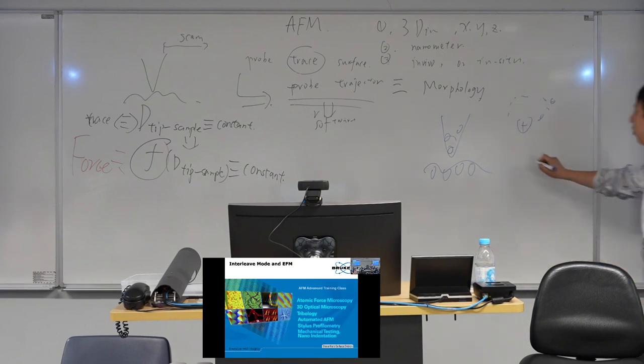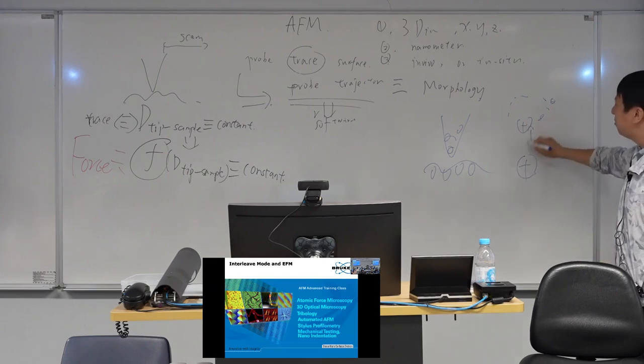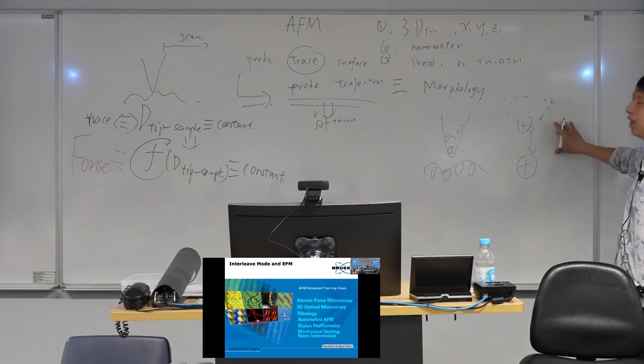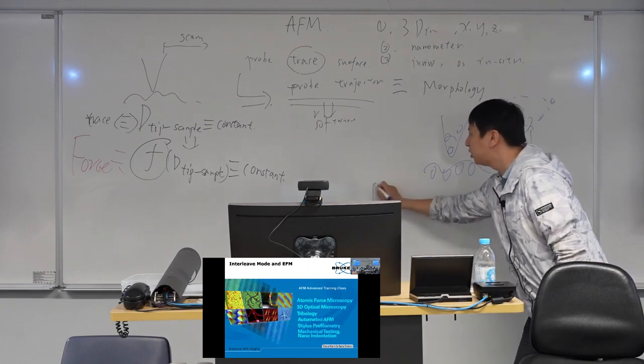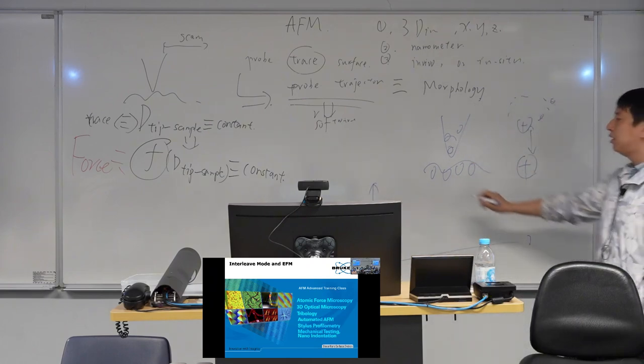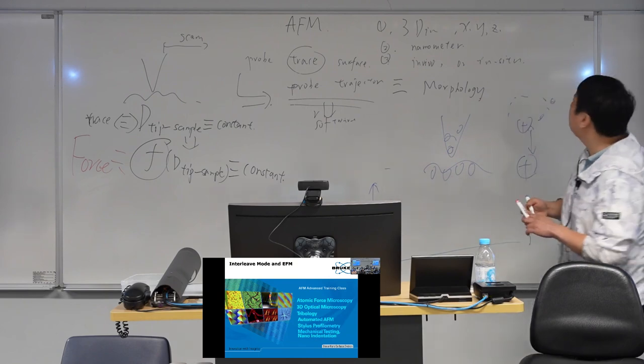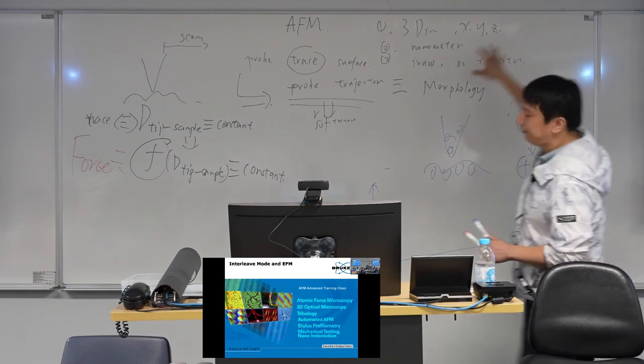Once these two atoms get closer, there will be a repulsion between the two nuclei, and the electrons also have repulsions.